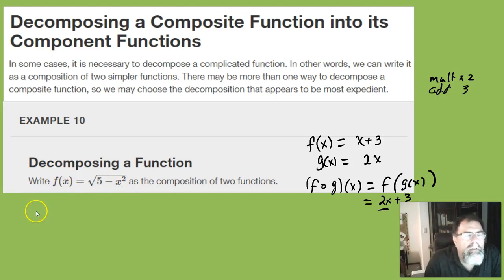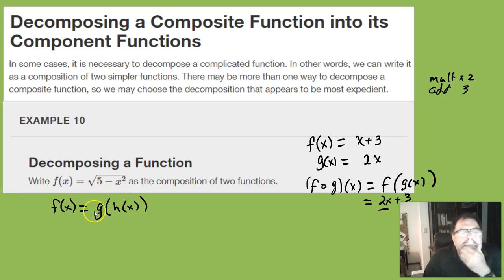So we're going to do f of x as a composition, f of x is going to be g composed with h of x.